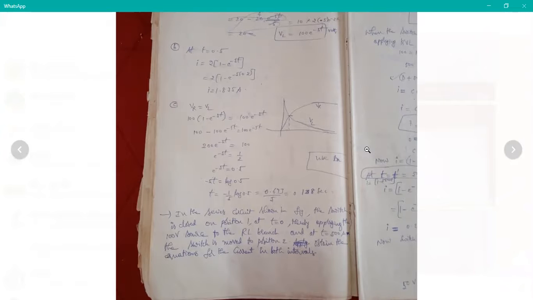Obtain the equations for the current in both intervals.